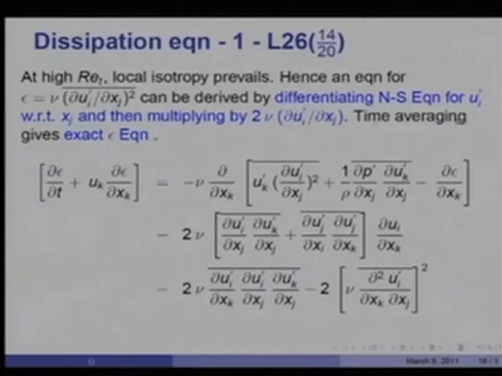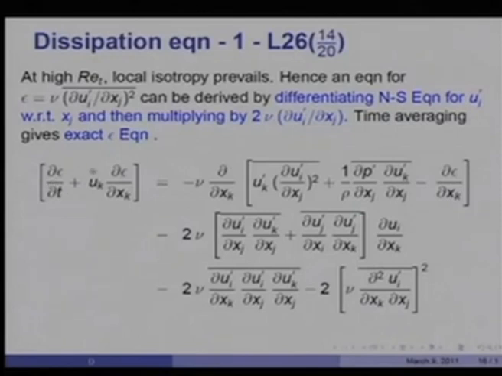If you then time average this new equation, you get an exact equation for epsilon, the quantity that we have chosen for the second variable z. And that equation looks like this.